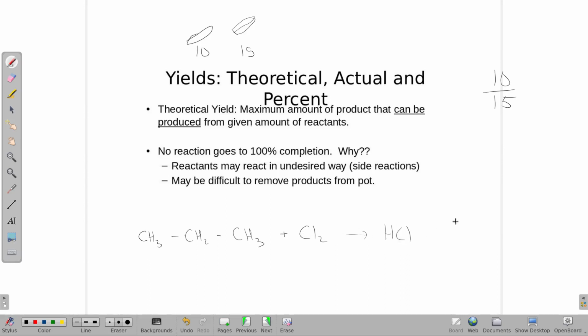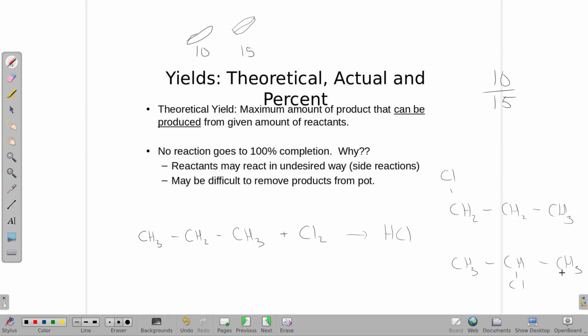But then what we're going to see is this weird thing happens. It might replace that H on the end and pop on here. And if it goes over on one of these hydrogens, it's the same thing, just a mirror of it. So there is a chance the chlorine's on the end, and there's also a chance the chlorine ends up in the middle.